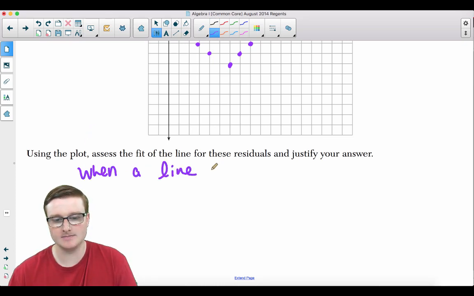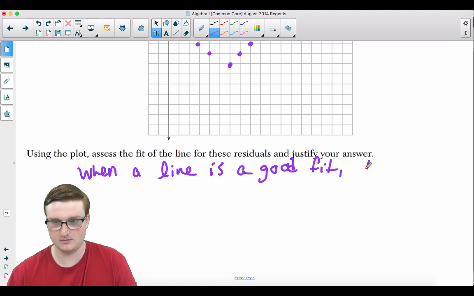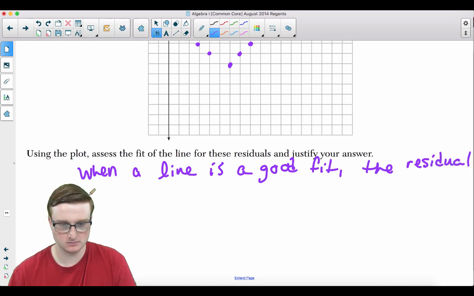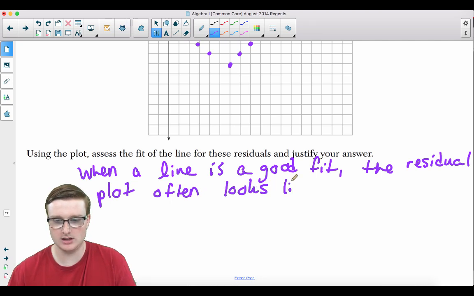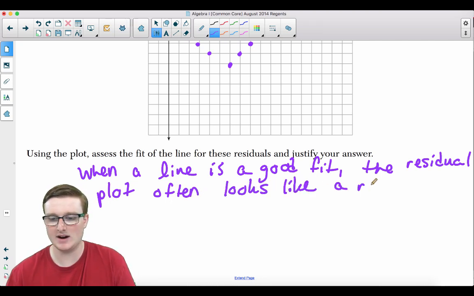When a line is a good fit, the residual plot often looks like a random scattering of points.